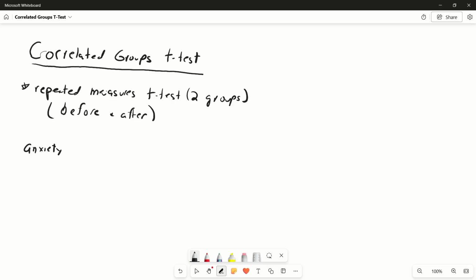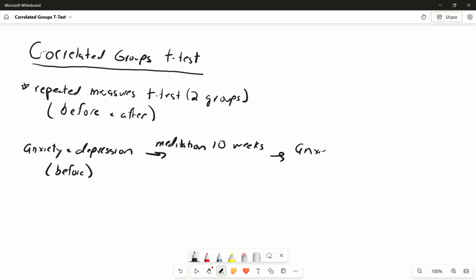So this is kind of what I have done in the past. Then we give the meditation for 10 weeks, training by professionals. And then we look at anxiety and depression afterwards. And we hypothesize to see a decrease, right? And then we can say that the difference is due to the meditation.